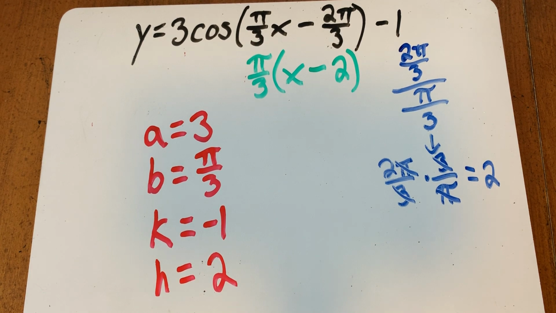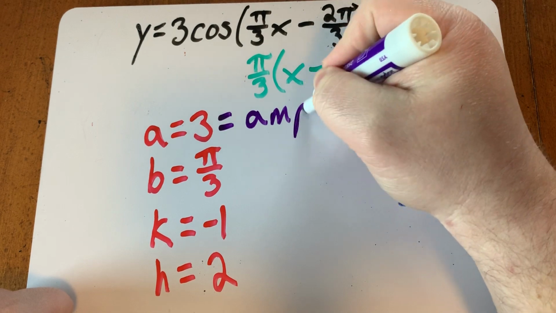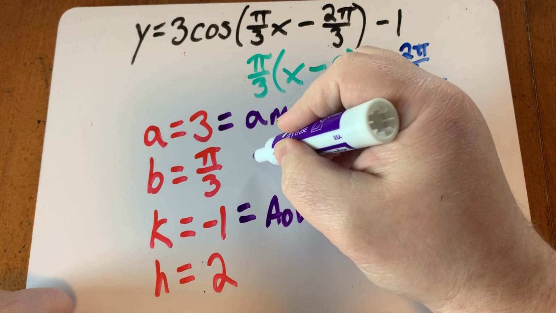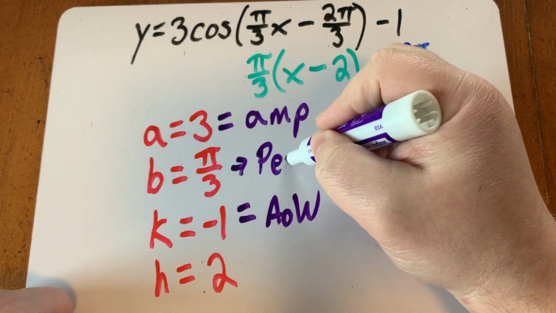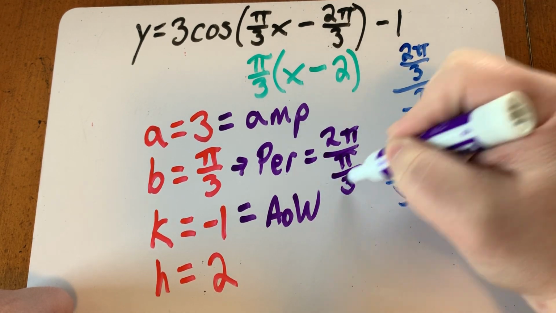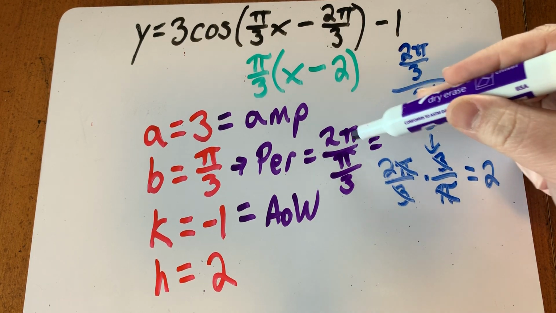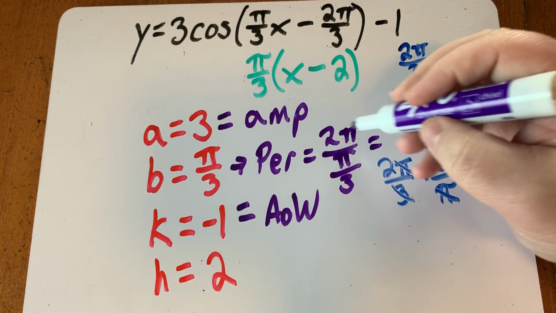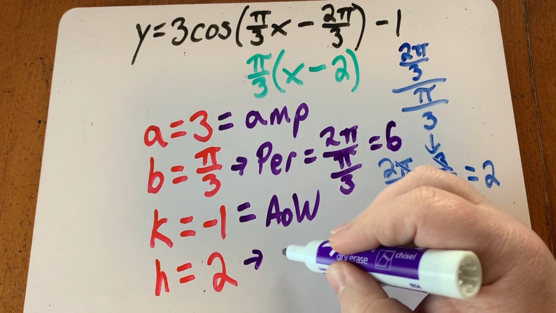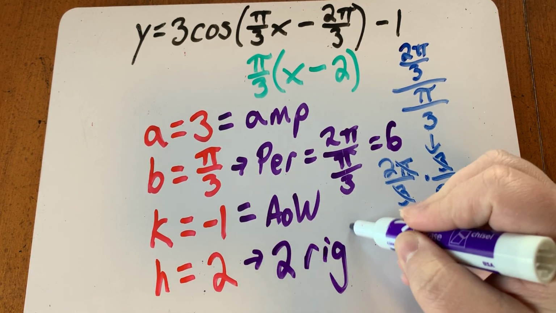What this tells us is 3 is our amplitude, y equals -1 is our axis of the wave, our period is 2 pi over 3, which if we do the same thing we did here, multiply 2 pi by 3 over pi, the pi's divide off, and 2 times 3 is 6. And our phase shift is just telling us to shift it, and it's positive, to the right.